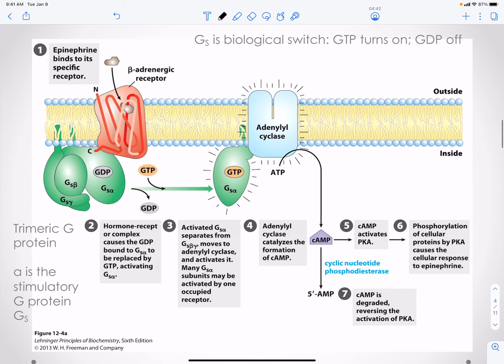So again, we have our G protein receptor, that 7 membrane alpha helixes. That's shown a little bit better here. The extracellular binding domain is going to be specific for the hormone. So in this case, we're showing epinephrine, so epinephrine is going to bind. The receptor itself has no kinase activity, so that's important, so it cannot phosphorylate anything.